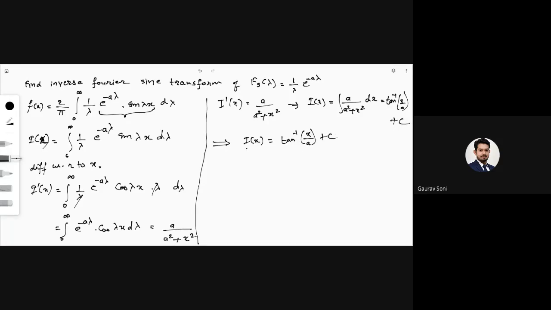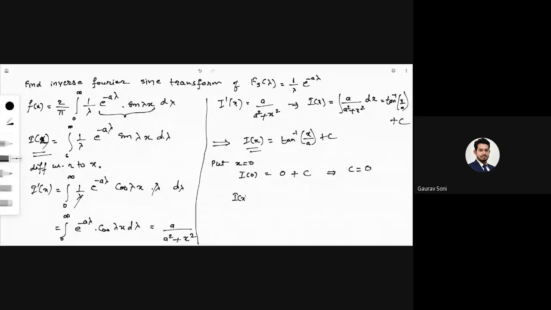So we can observe this I of x. If we put x is equal to 0, I of 0 is equal to tan inverse of 0, which is 0, plus c. But if you see, I of 0 is also 0, since sine lambda into 0 will become 0. So this gives me c is equal to 0.